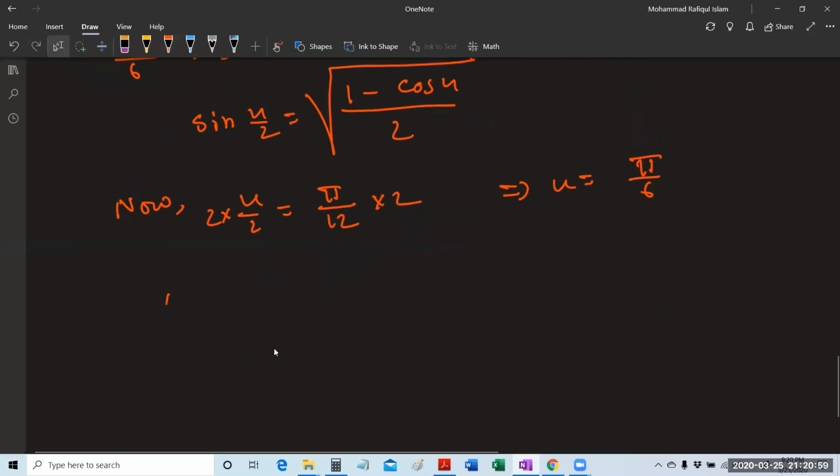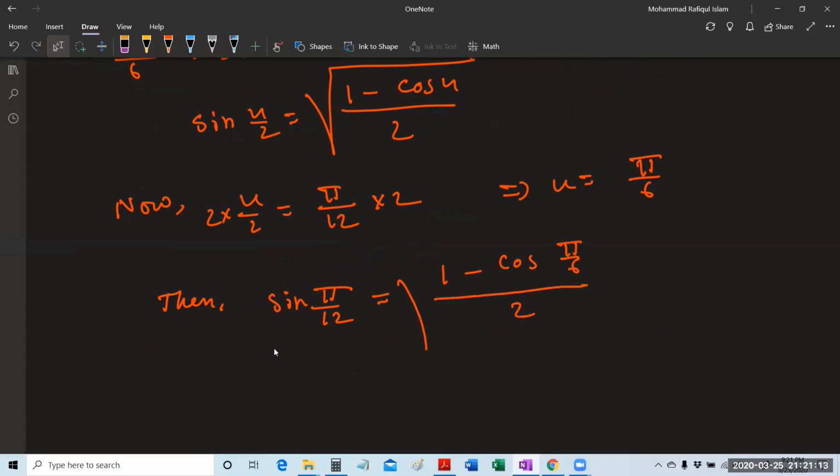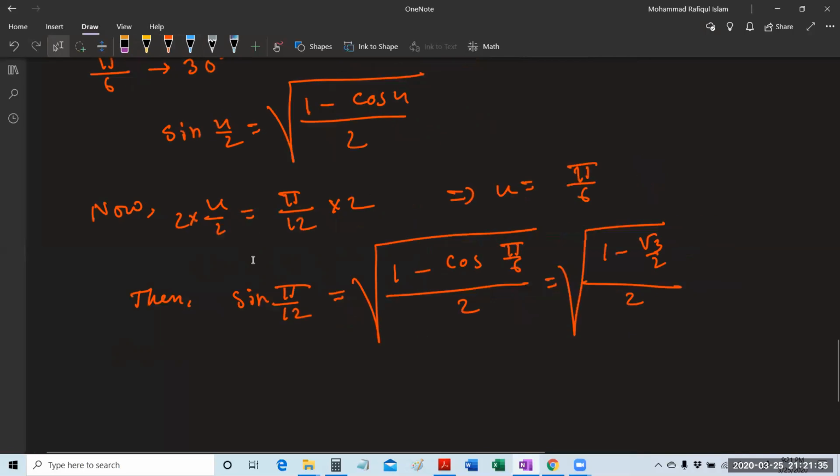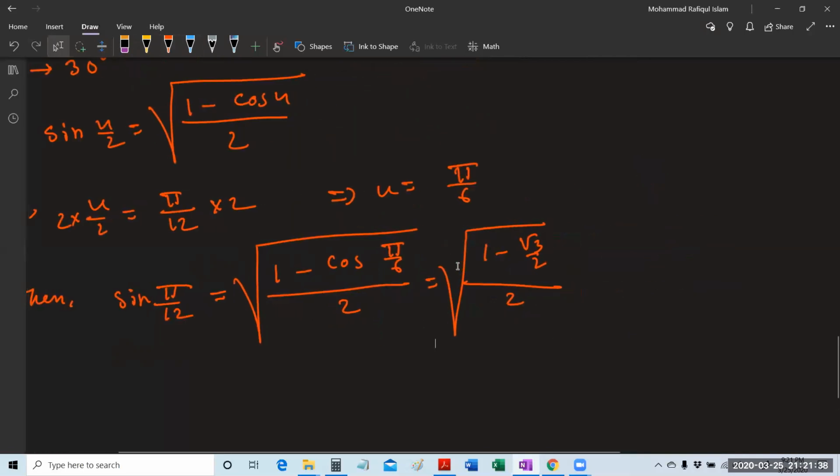Then sine pi over 12 equals square root of 1 minus cosine pi over 6 all over 2. And the value of cosine pi over 6 is root 3 by 2. So square root of 1 minus root 3 by 2 all over 2.